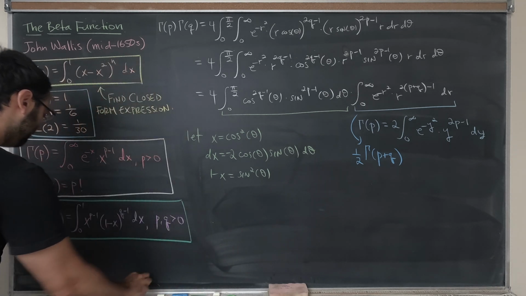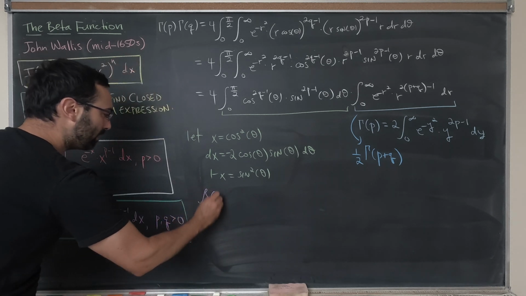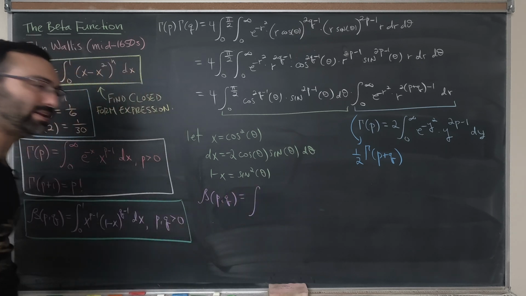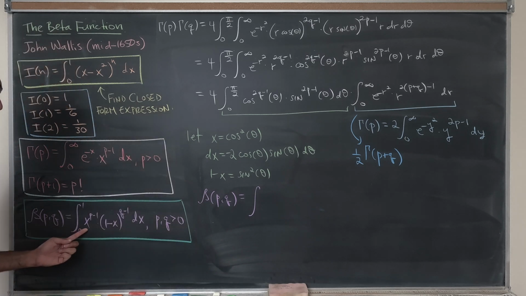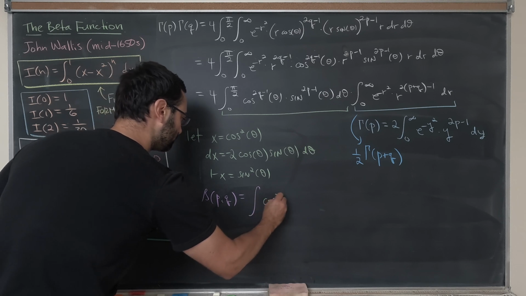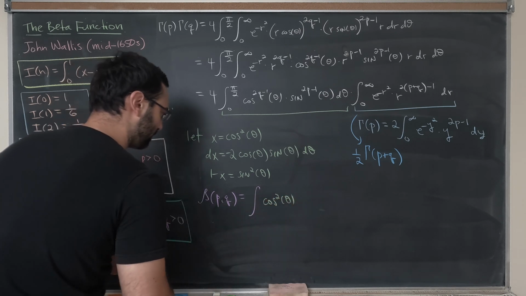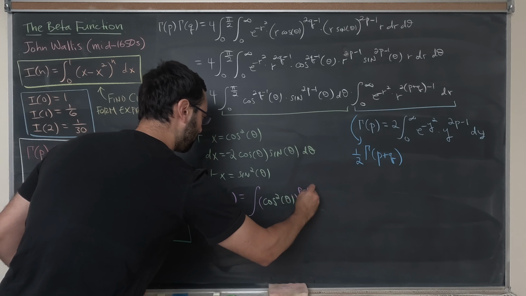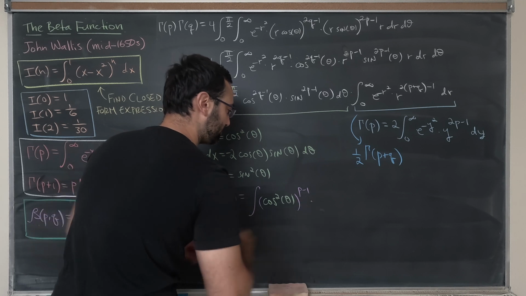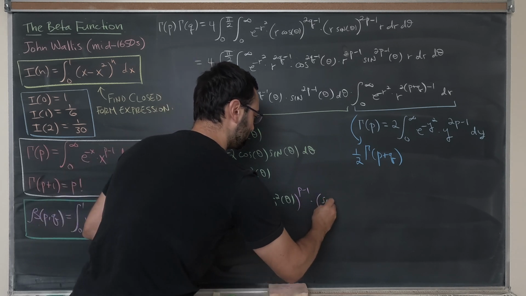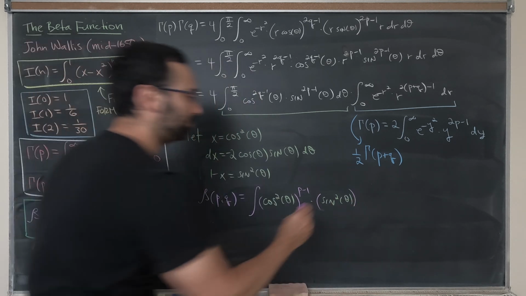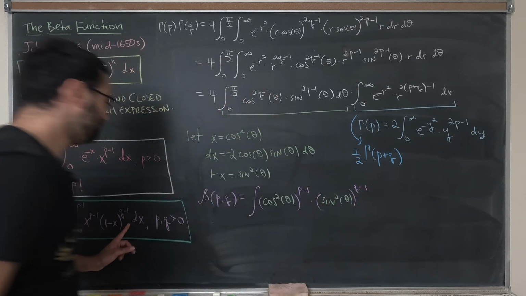So putting that together, our beta of p and q is the integral from, okay, we'll find out the bounds in a moment, x to the power p minus 1, well, x is cos squared, times 1 minus x, which is sine squared of theta, to the power q minus 1, dx.